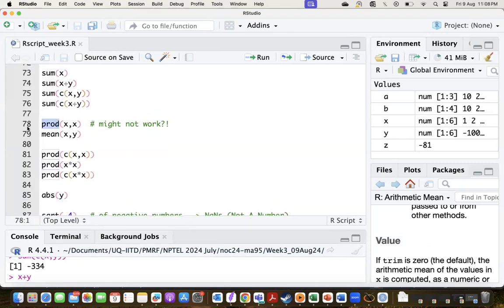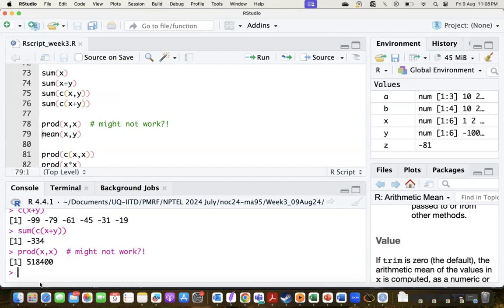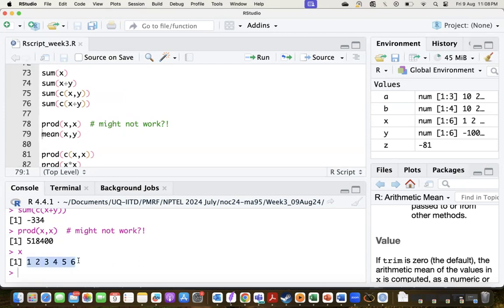Just like there is a sum function, there is also a product function. So you can multiply the elements of vectors. But if you see here, what it actually did was multiply everything with everything, similar to the sum function.